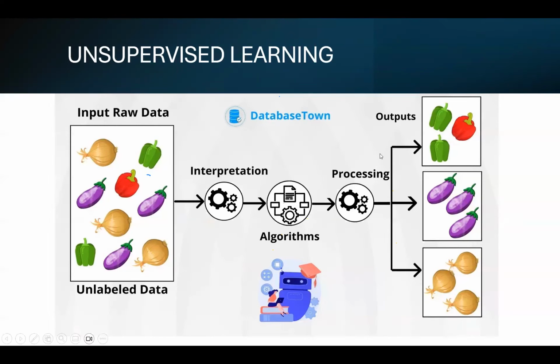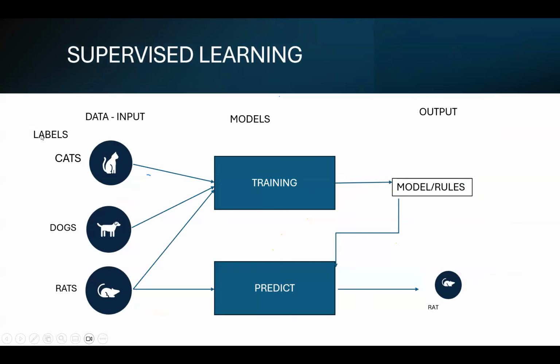The output for unsupervised learning is usually categorizing items into different categories, finding the similarities and differences between items. For supervised learning, it is trying to predict the labels that you've given to it. So in supervised learning, you have the labels, it learns the relationship, a model, and it predicts an output.